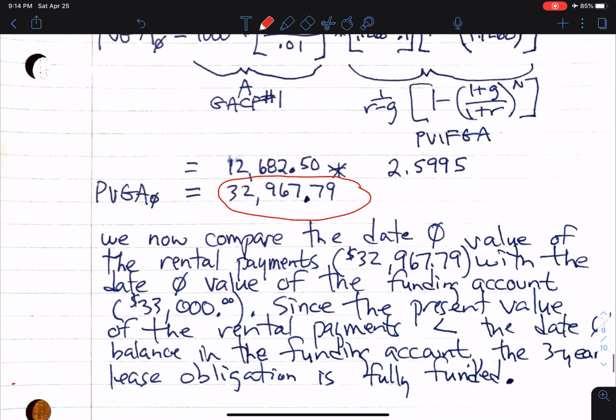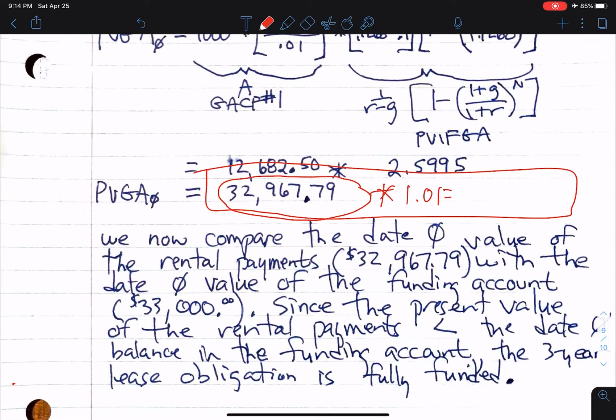So interestingly, all we have to do is take this number and multiply it by 1.01. And when we do that, we get the new amount of money we need to have at date zero, $33,297.47.